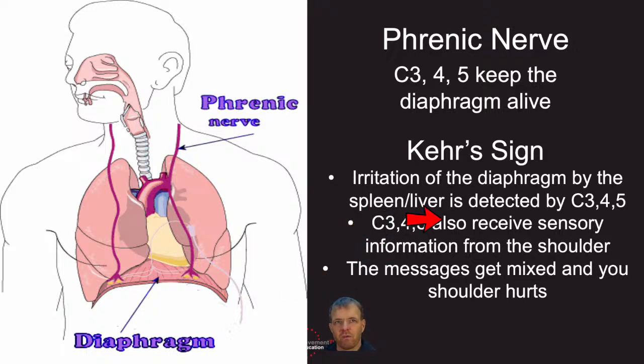So the C3, 4, 5 receives sensory information also from your shoulder. That same level of your neck also receives information from your shoulder. So what the body does is go, well, it can't be your diaphragm, it must be your shoulder. And that is why you get shoulder pain with a liver problem.